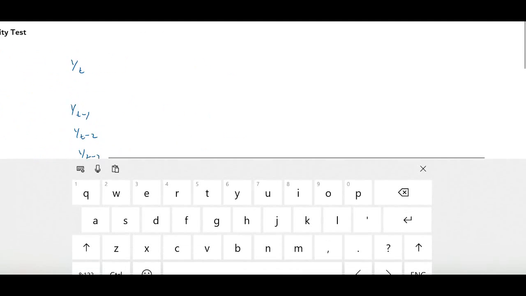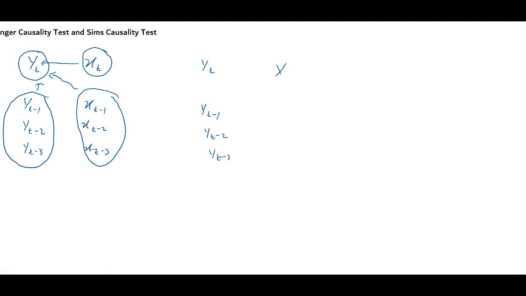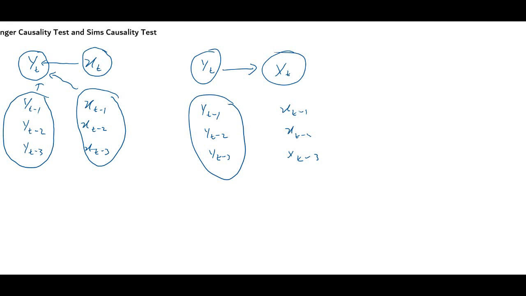Similarly, we take xt and xt minus 1, xt minus 2, xt minus 3. yt can affect changes in xt. Similarly, the lag values of y can also affect xt, and the lag values of xt itself can cause changes in xt.